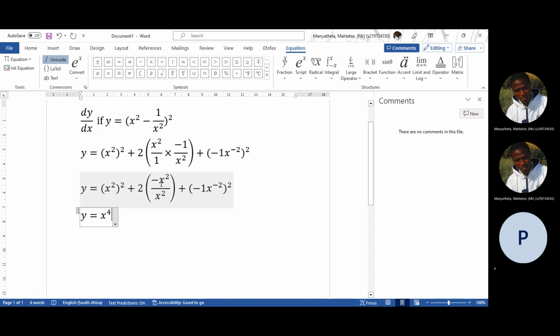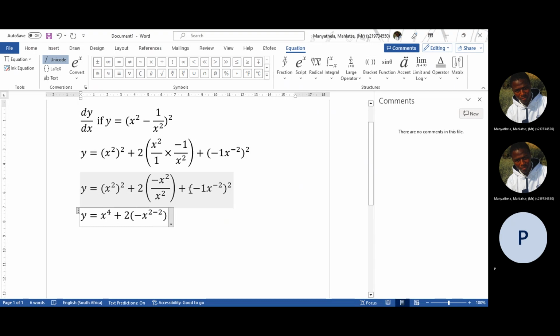Then this side plus 2 into negative x to the exponent 2 minus 2, because with the same basis we subtract the exponents.